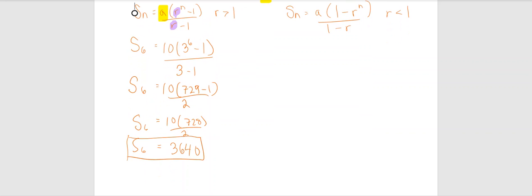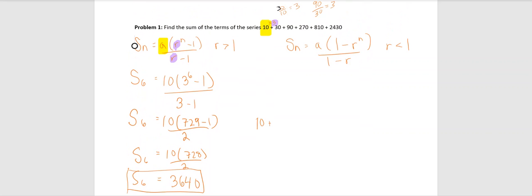Yes, we could have just added up 10 plus 30 plus 90 plus 270 plus 810 plus 2,430 to get 3,640. However, again, if we have a series that's really, really long, we definitely want to be using our formulas.